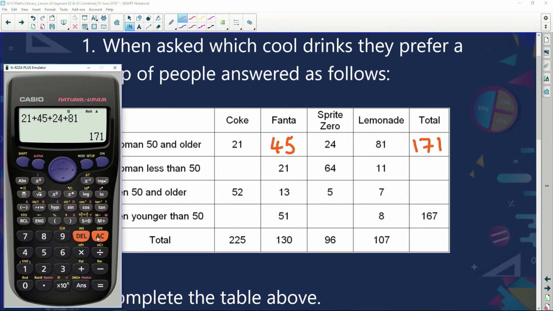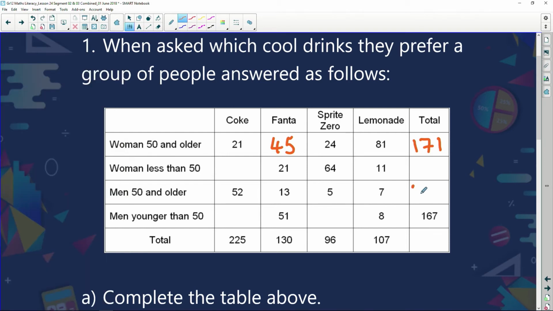Right, so let's do this. So on my calculator, I've got 52 plus 13 plus 5 plus 7 equals a total of 77. So we didn't really interview too many men who are 50 and older.